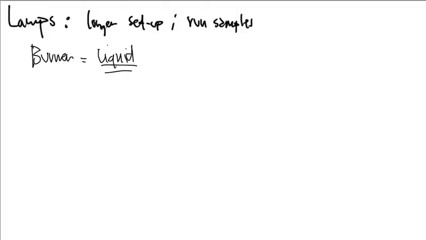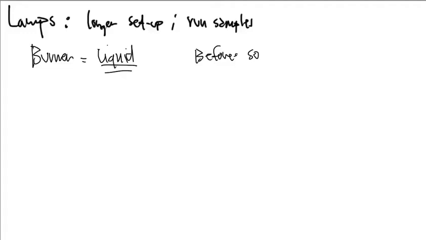It's not like a UV that can take mainly liquids, but we could probably put gases in there as well. But the burner head is strictly meant for liquid samples. Now, what that means is that it has to be in a liquid form when it gets presented to the machine.